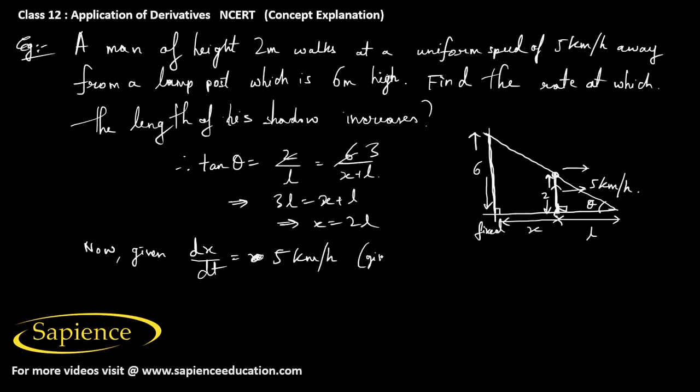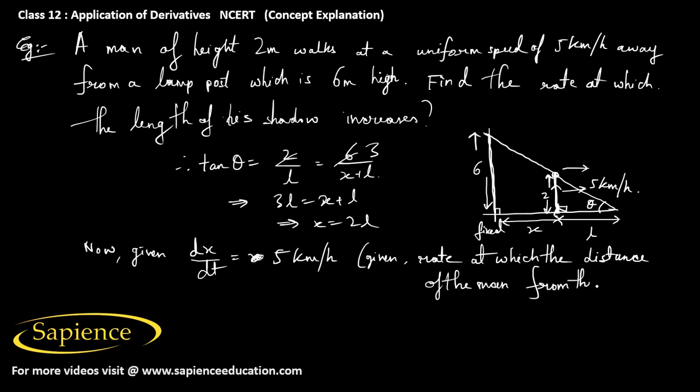This is given. The rate at which the distance of the man from the lamppost is increasing is 5 kilometer per hour, obviously.